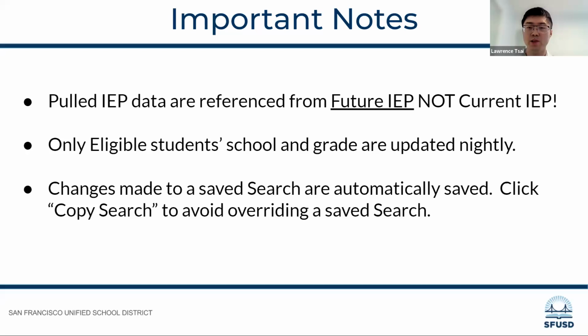My understanding is once it's affirmed, I believe it becomes the current IEP. So this could be pulling from an IEP that is not yet affirmed. Yes, whatever's in the future IEP. So for example, if the IEP is affirmed, then the future IEP will be based on the affirmed IEP as long as there's no changes made in the future IEP.